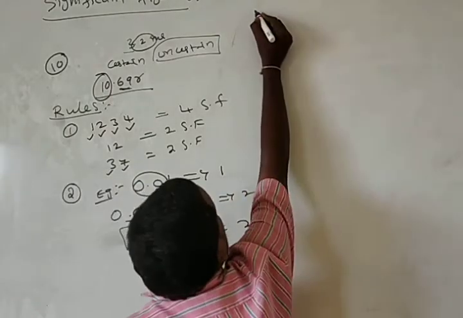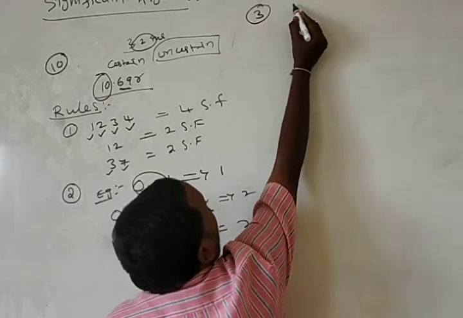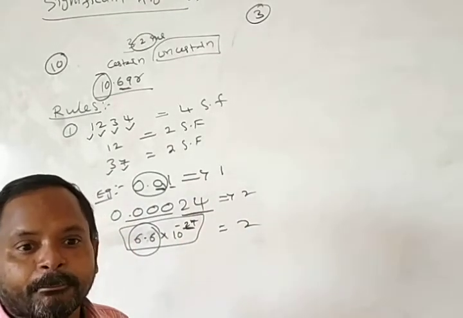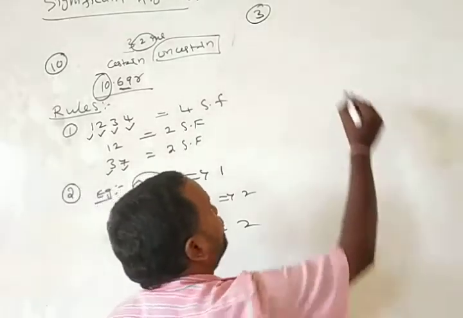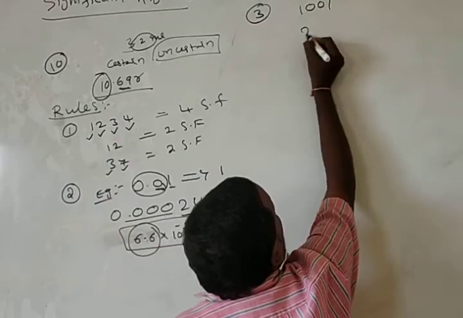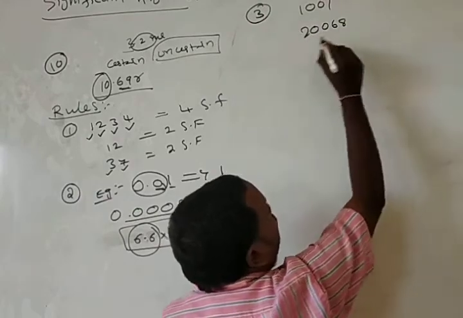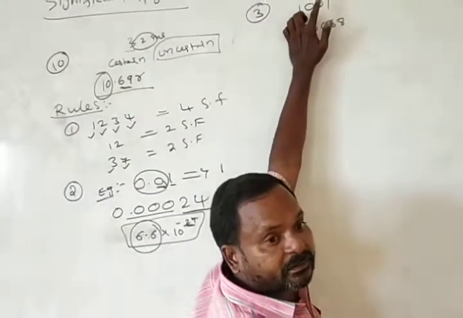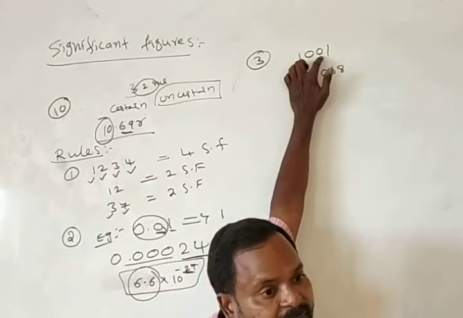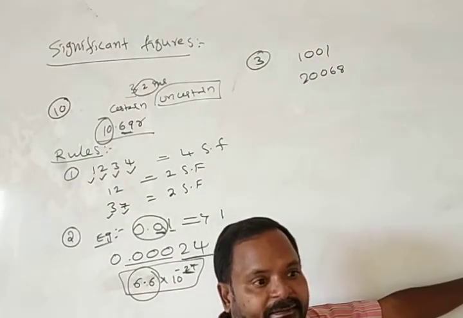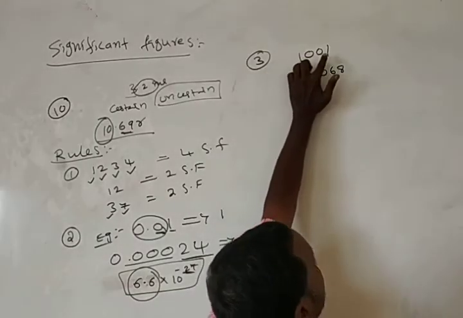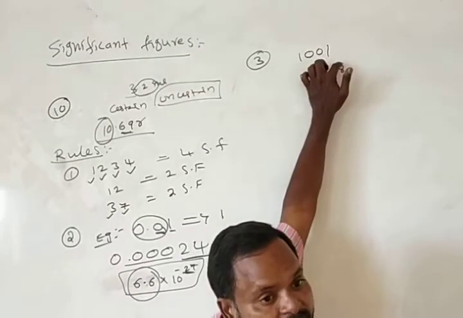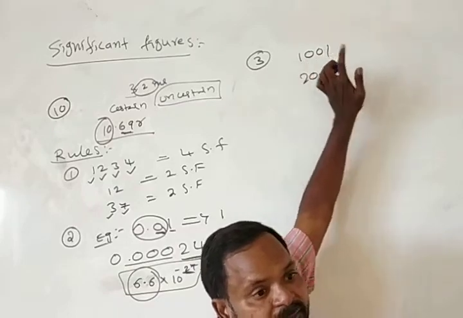Here is the third rule. If zeros are present between the non-zero numbers, like 1001 or 2068, those zeros are significant. In 1001, these two zeros are present between non-zero numbers, so these zeros should be significant.